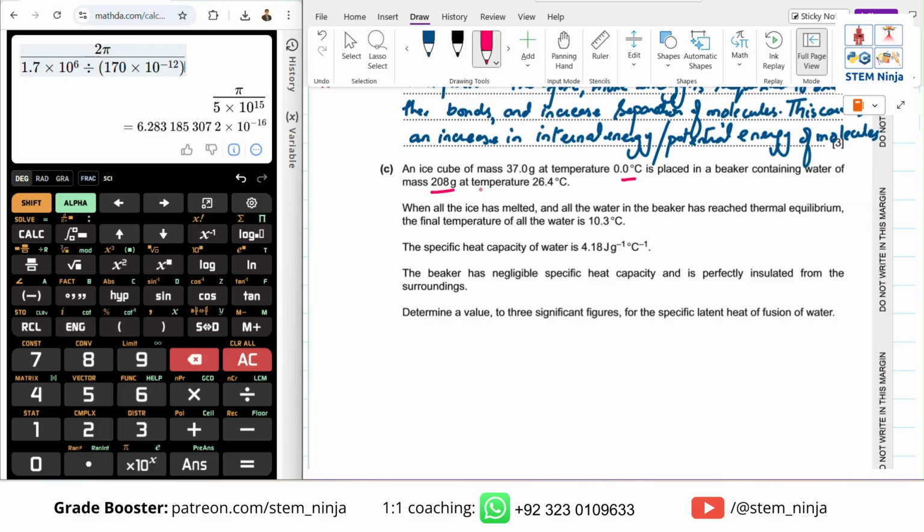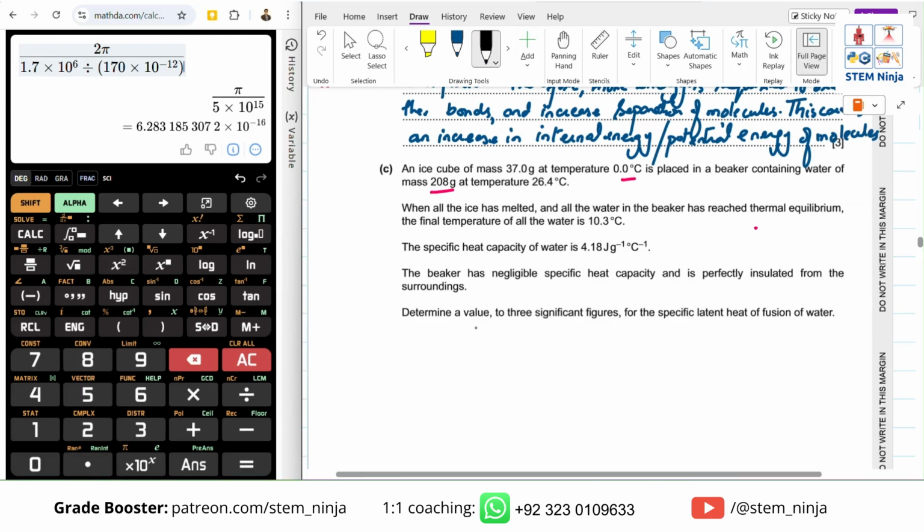The specific heat capacity of the water is this. The beaker has negligible specific heat capacity and is perfectly insulated from the surroundings. Determine a value to three significant figures for the specific latent heat of fusion of water.